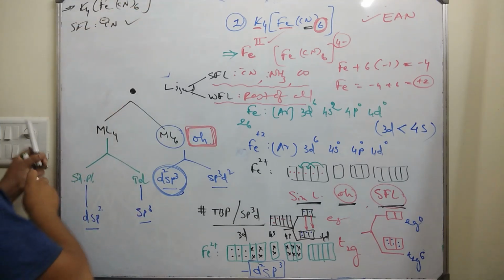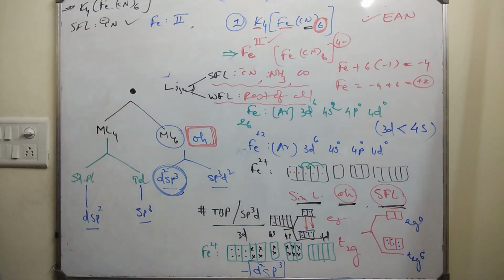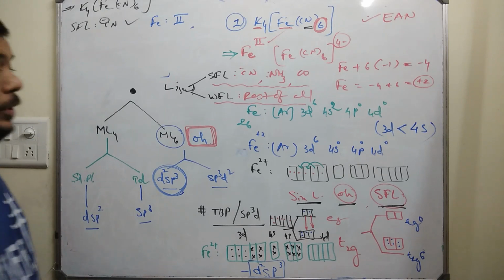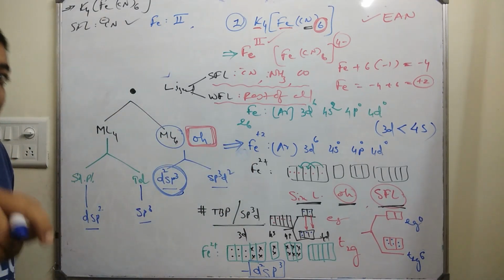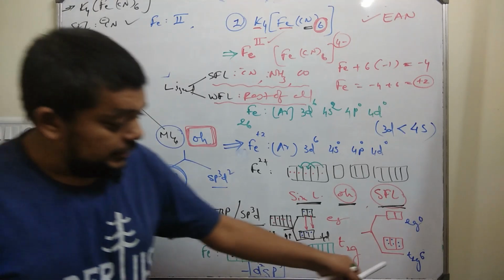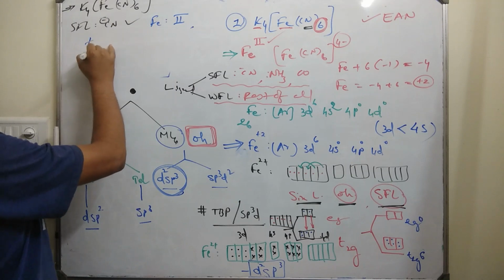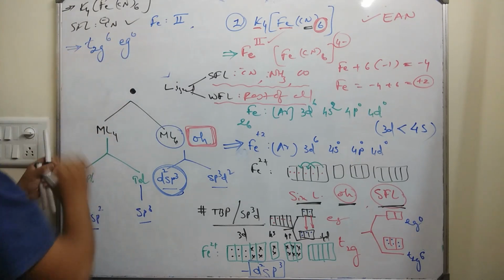Second is the oxidation state of Fe, which is +2. Third, in the previous lecture you were doing this electronic configuration; today you have a newer type of electronic configuration, that is T2G6 and EG0. Sometimes it is asked.